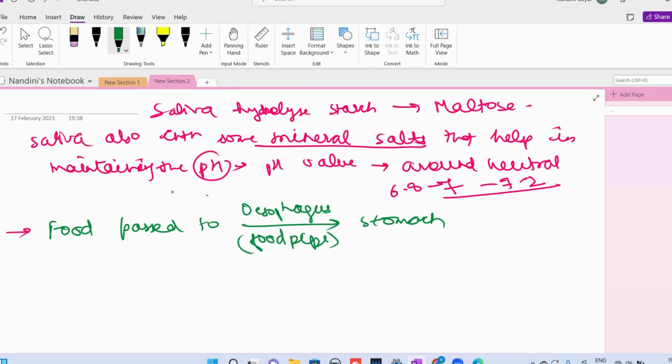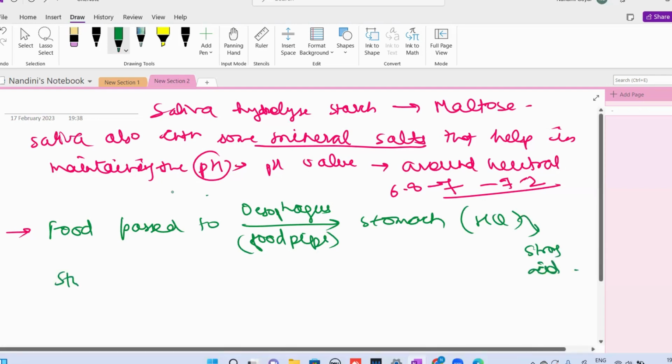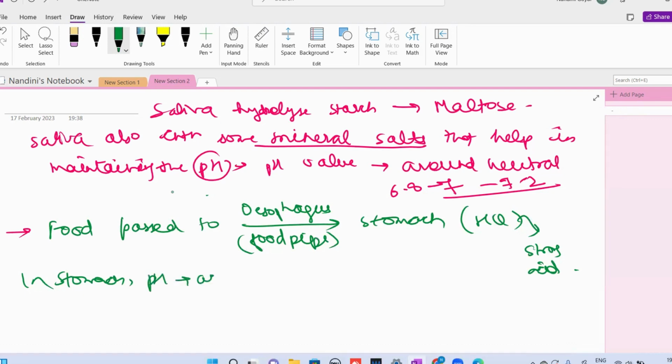So through the food pipe, food gets passed to the stomach. And in the stomach, we have HCl, hydrochloric acid, and this hydrochloric acid is a very strong acid. So inside the stomach, the pH is acidic, or there is an acidic environment.